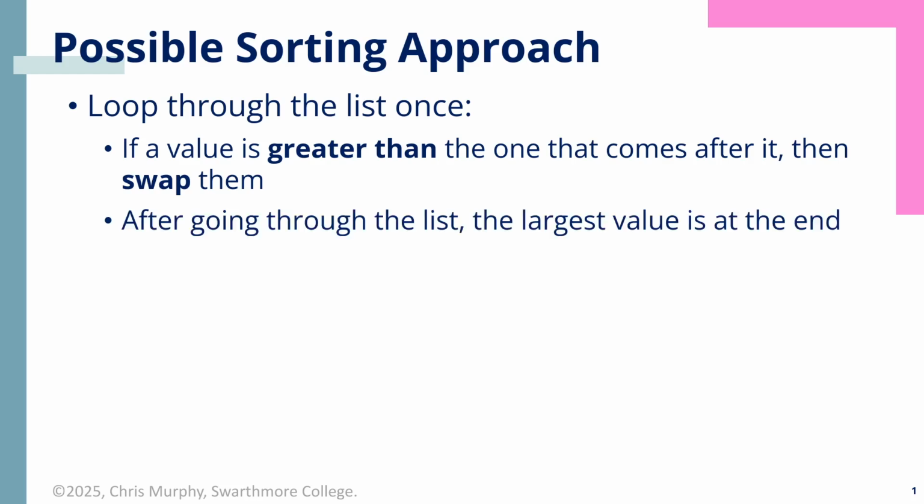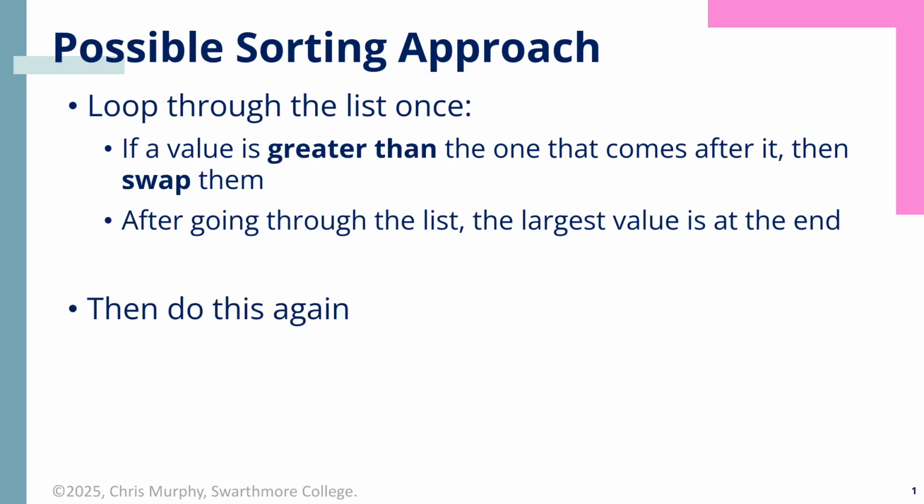After I go through the list, the largest value will be all the way at the end. So if I start with my list and go through it once, and each element, if it's larger than the one that comes after it, I'll swap them, and that way the largest one is moving all the way right.